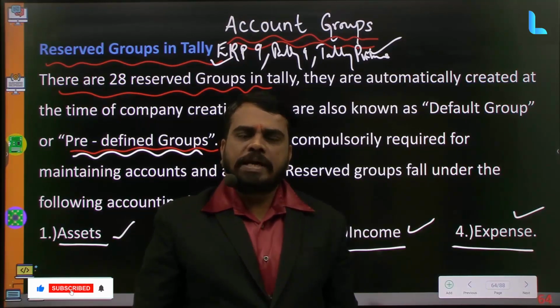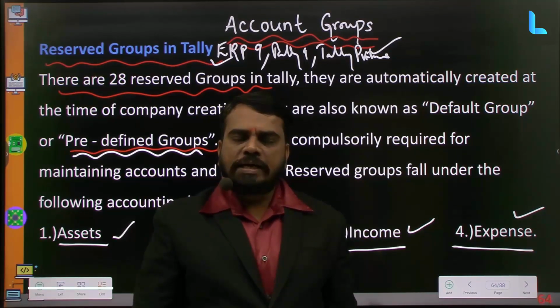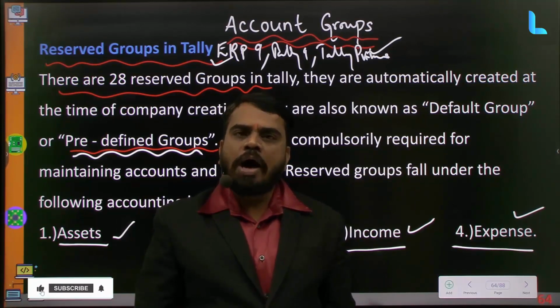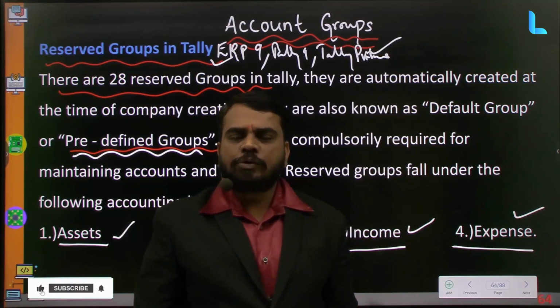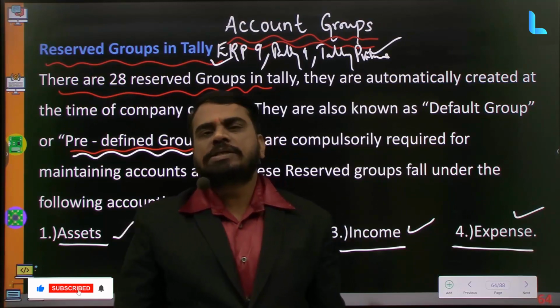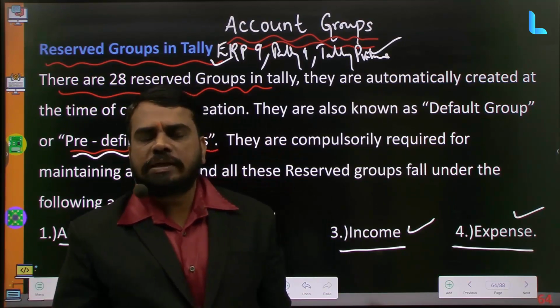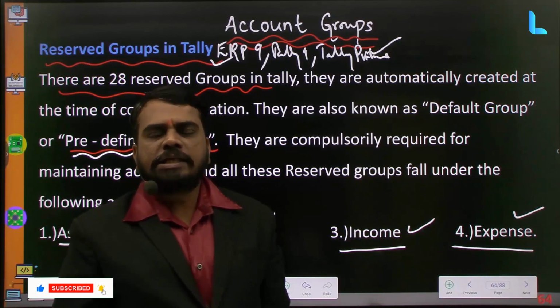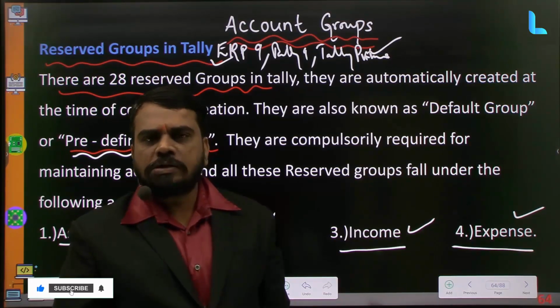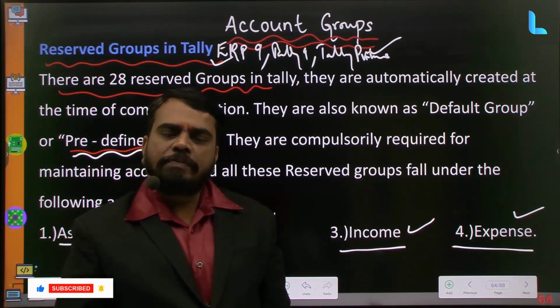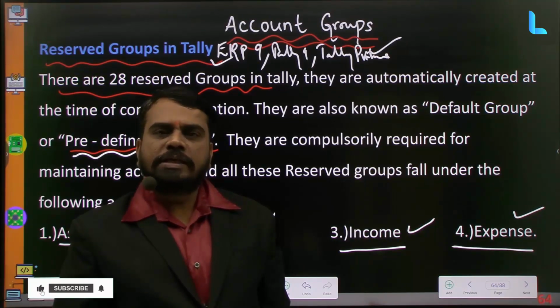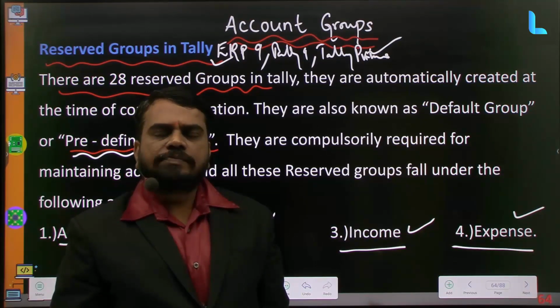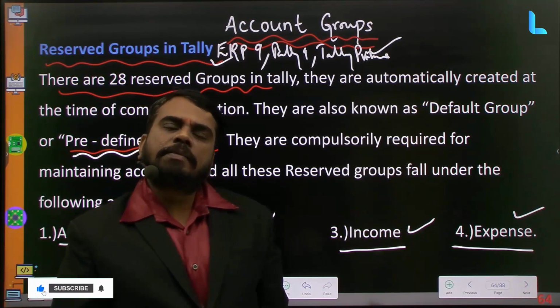They are the main account heads under which the reserved groups or even the user defined groups are created. So what is a user defined group? The groups which we create under Tally are called user defined groups. And these user defined groups also fall under the same four main account heads which we discussed earlier: assets, liabilities, income and expenses.